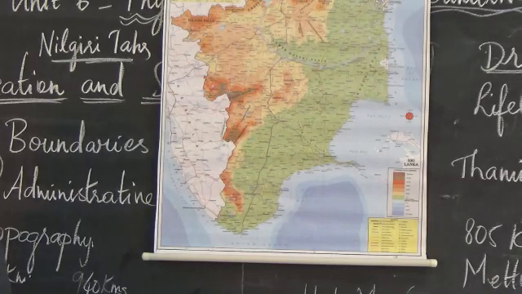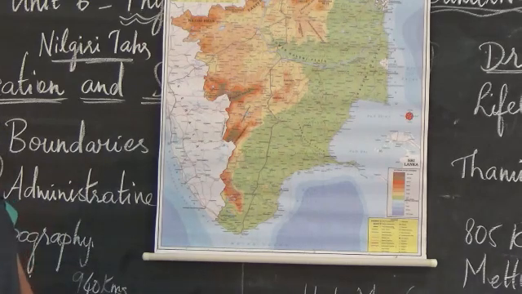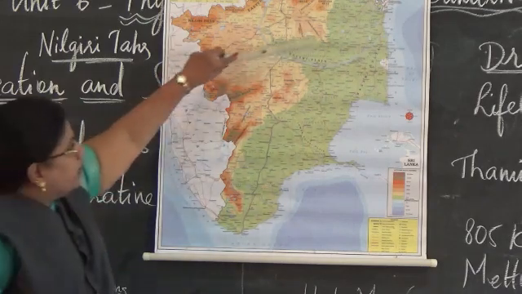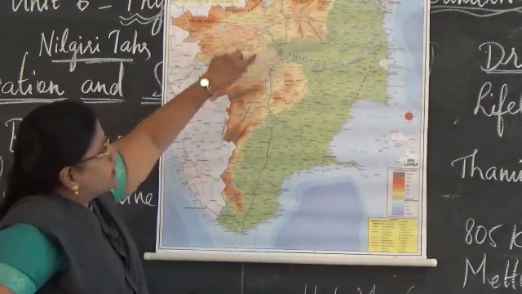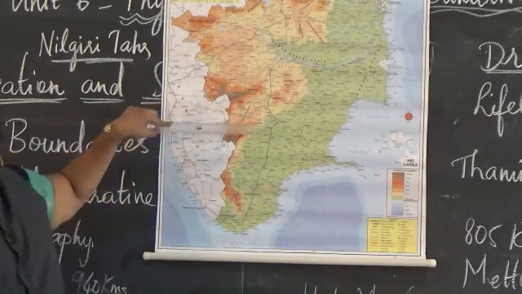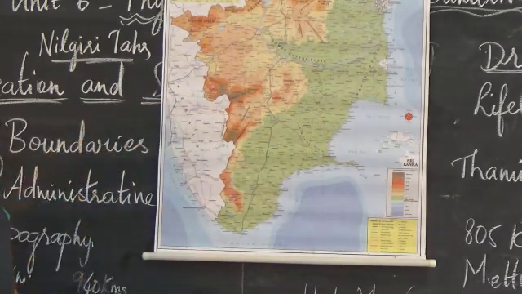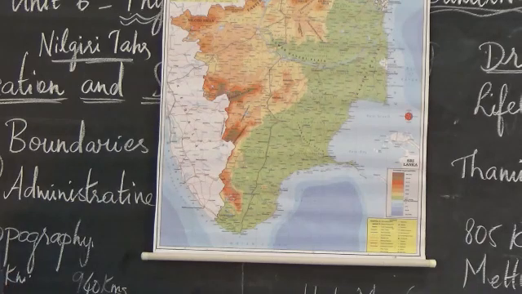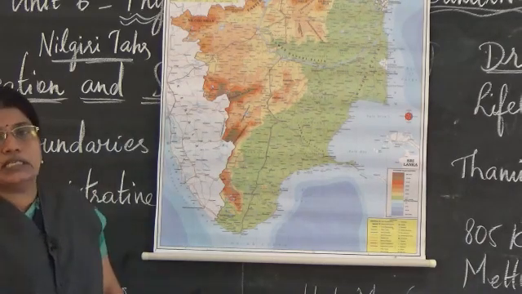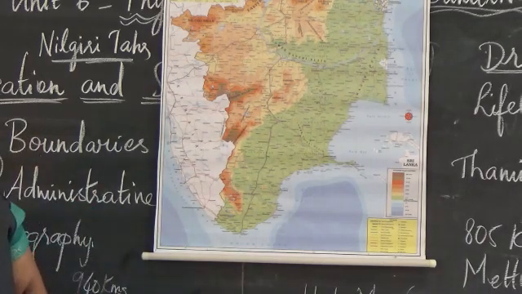Apart from this, the other conditions that influence the climate are altitude, distance from the sea, high temperature and dry conditions. All these are experienced in the central part of Tamil Nadu. The vertical rays of the sun lead to the different seasons of Tamil Nadu.